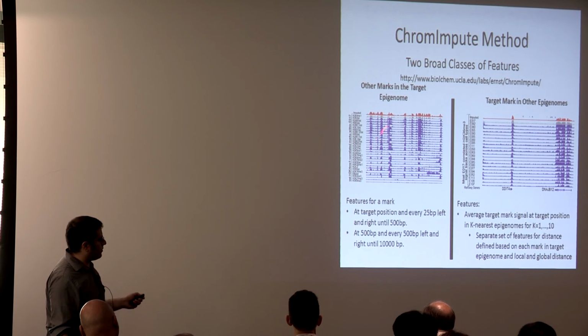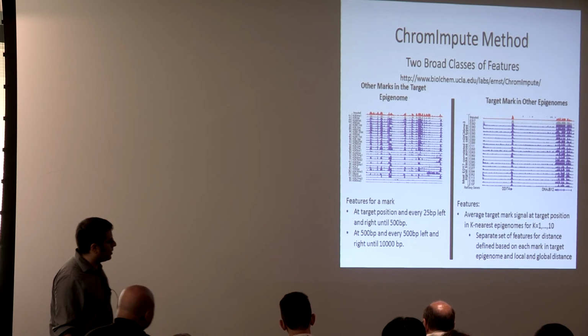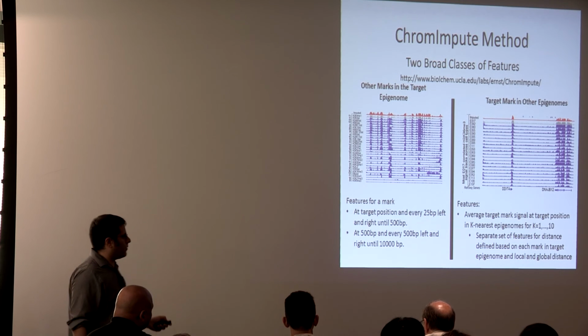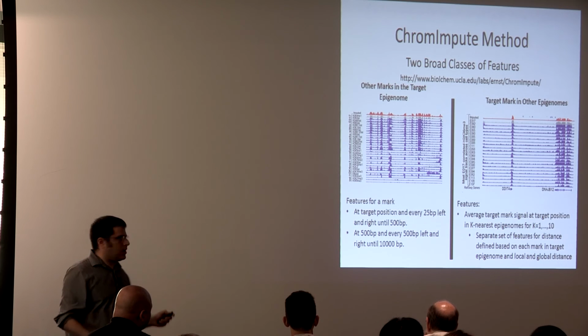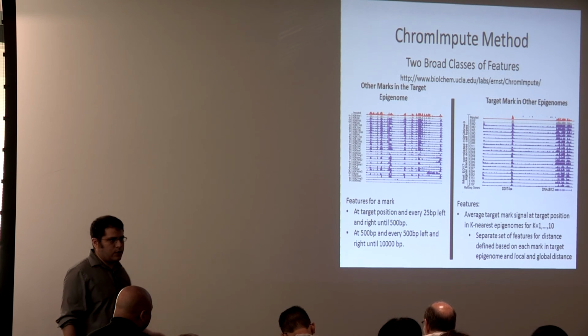And we can do this more generally by taking all the marks we have and constructing features of their signal level at the target position for some mark we're trying to predict, and within a neighborhood around it. The other class of information is that at some specific position in the genome, we can ask how that mark has behaved in other cell types.